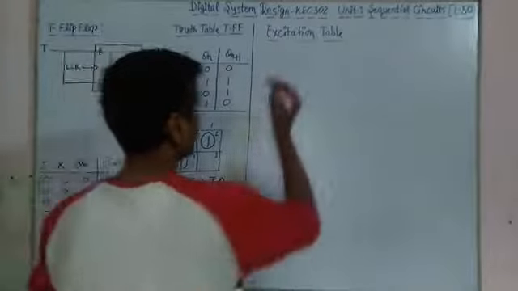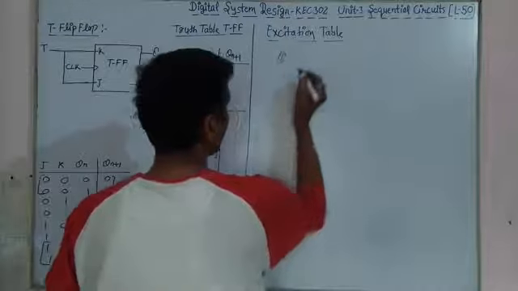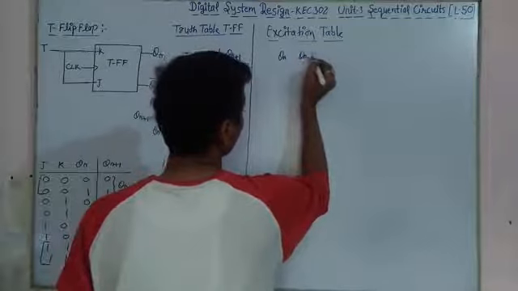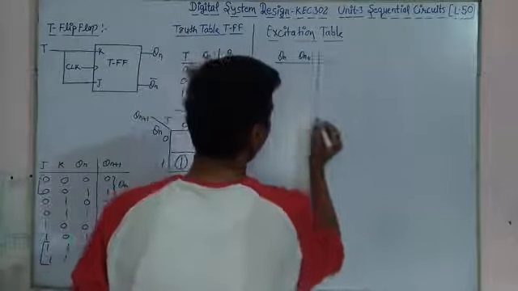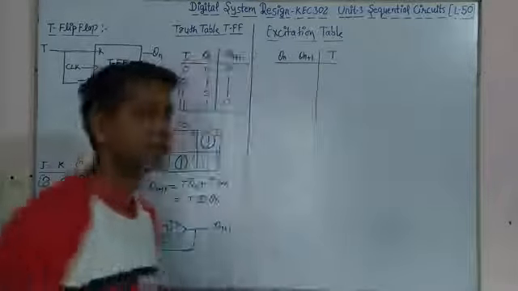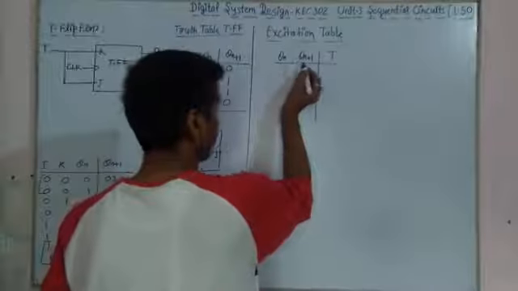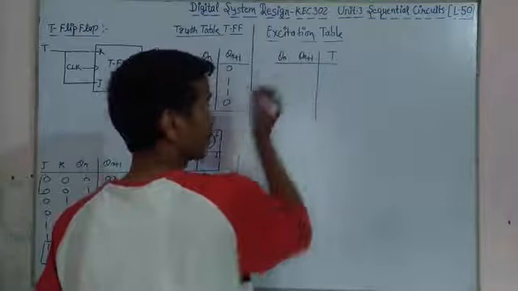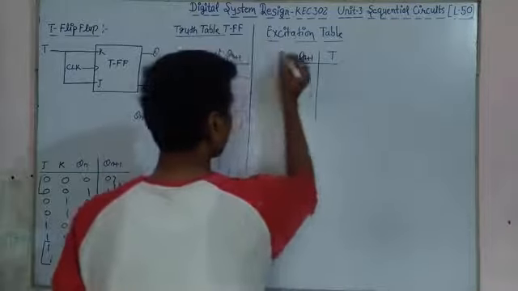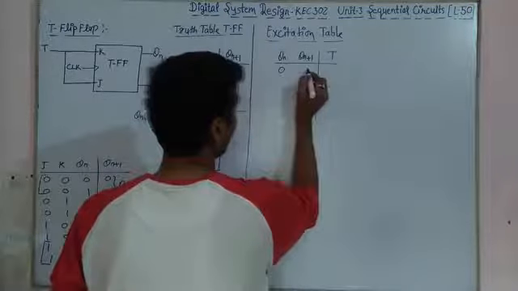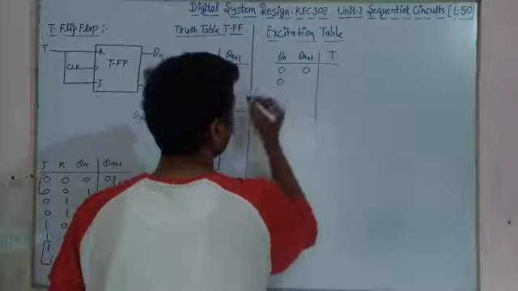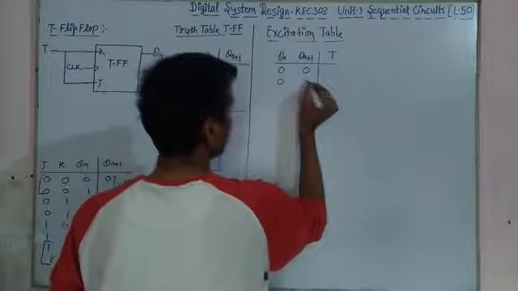You already know what an excitation table means. If you are giving input Qn and you are getting the corresponding output Qn plus 1, how to excite T so that we can find the desired output for a given input. With two variables, you will have four combinations.